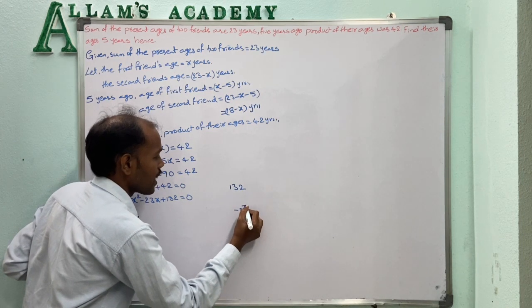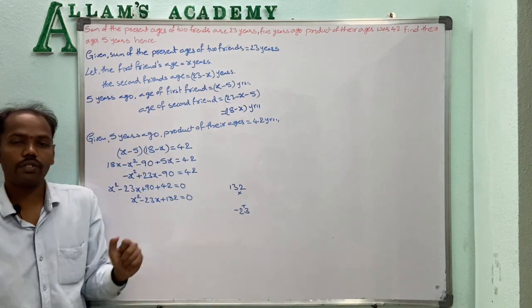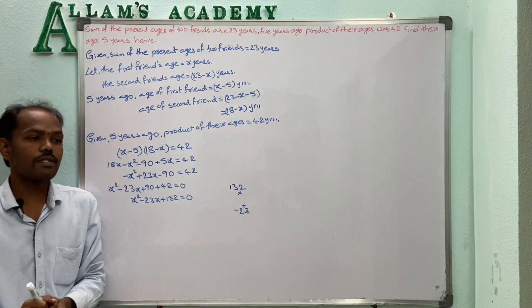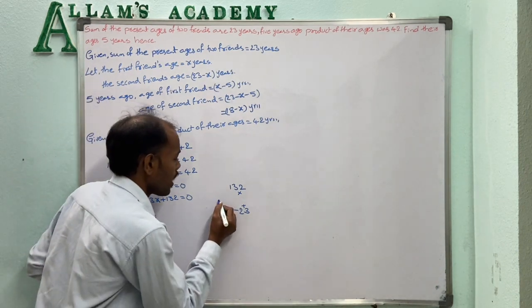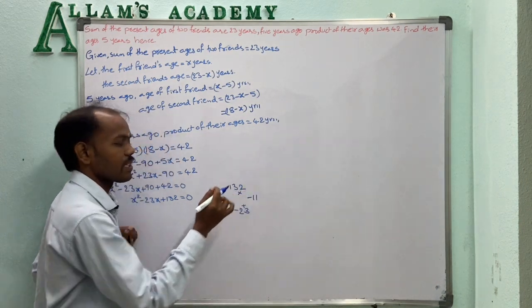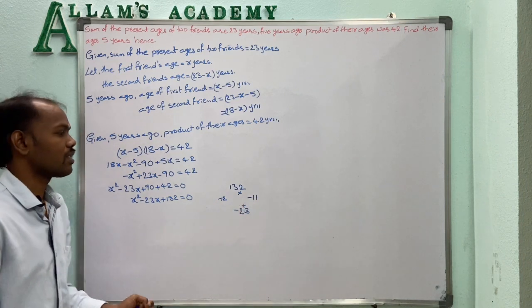That means two numbers whose sum is minus 23 and whose product is 132. Those two numbers are minus 12 and minus 11. Minus 12 into minus 11 is 132, and minus 12 minus 11 is minus 23.